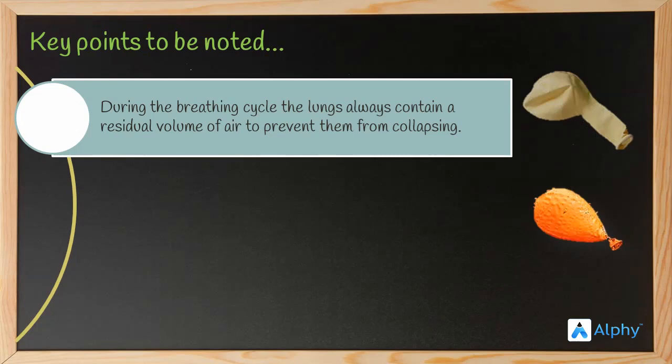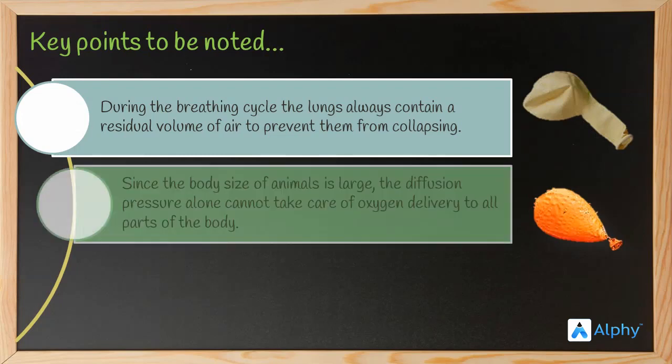Now coming to our next point, as you know, diffusion is meant for gaseous exchange in unicellular organisms, right? And diffusion is sufficient to meet the oxygen requirements of unicellular organisms. But when we talk about multicellular organisms, the case is entirely different. Especially in the case of higher animals, since the body size of animals is large, the diffusion pressure alone cannot take care of oxygen delivery to all the parts of the body.